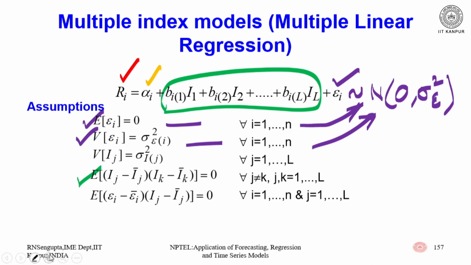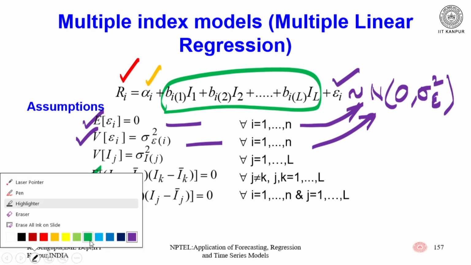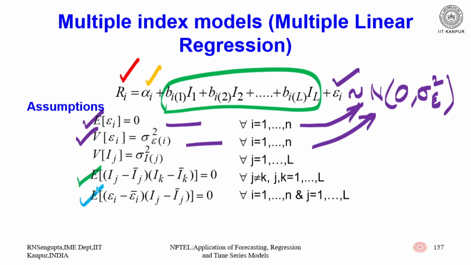The last one, where I will use a different color, light blue, means that any information between the error term and the independent variables is 0. That means the covariance between the error term and the independent variables is 0, as shown here, which we have already discussed.